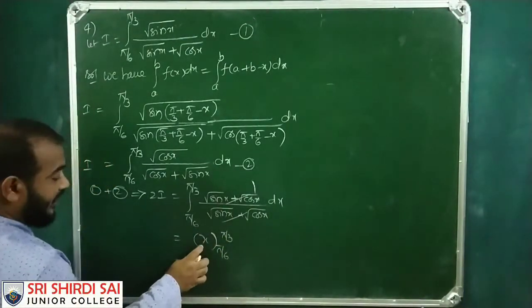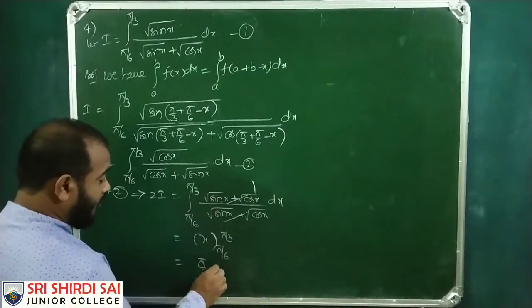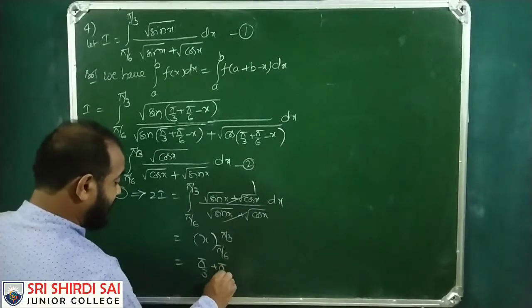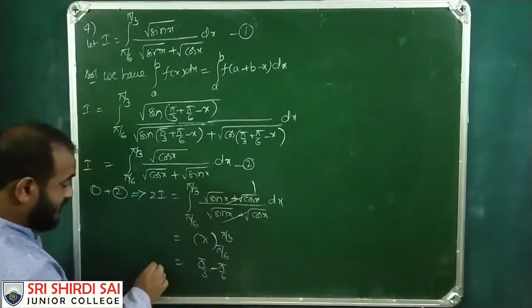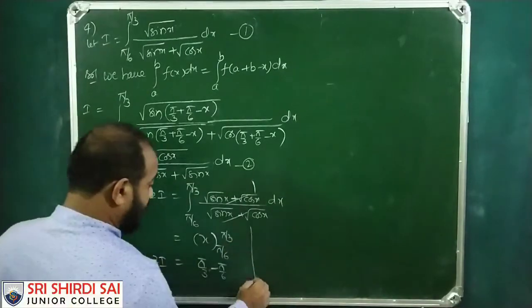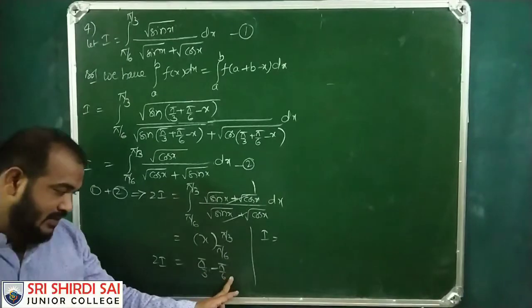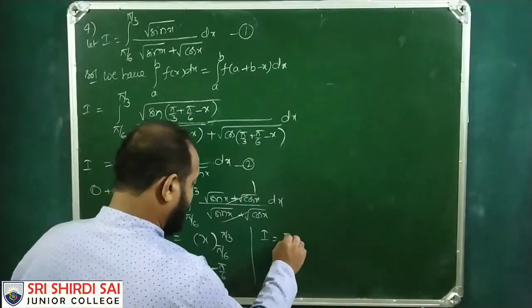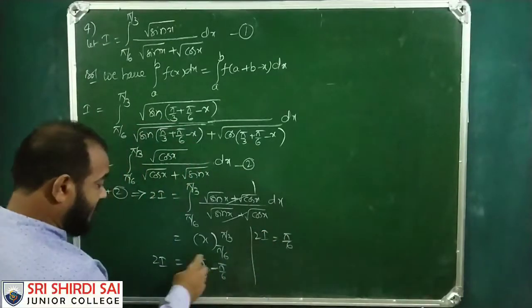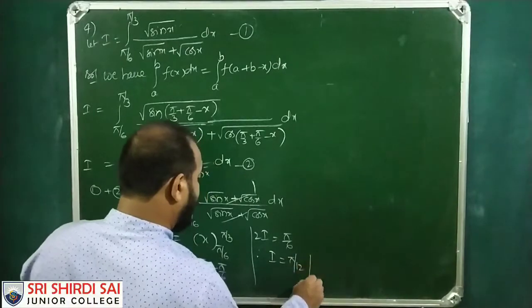In the place of x substitute pi by 3, and in the place of the lower limit substitute pi by 6. Pi by 3 minus pi by 6, so 2I is equal to, pi by 3 is 60, 60 minus 30 is 30, that is pi by 6. 2I is equal to pi by 6, therefore I is equal to pi by 12.